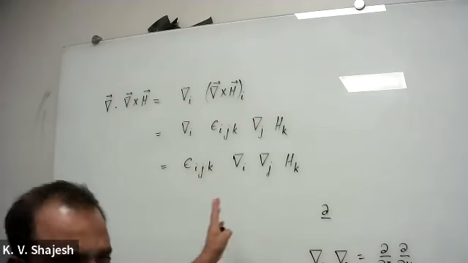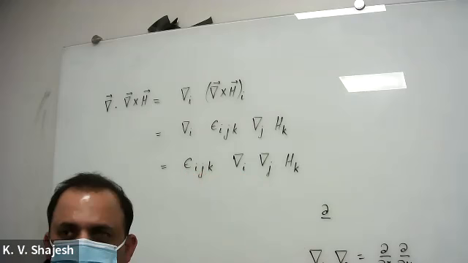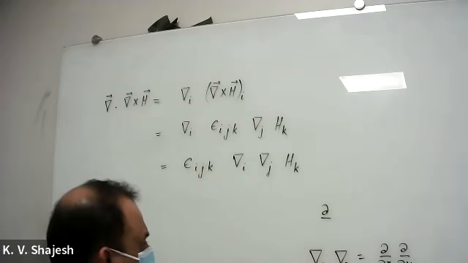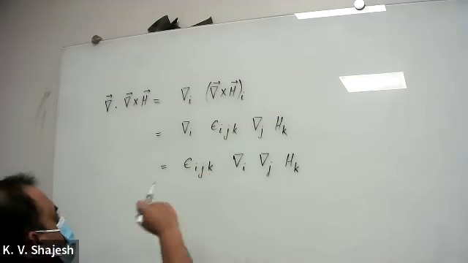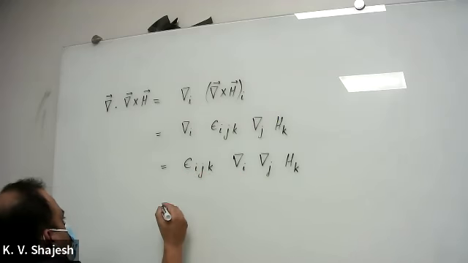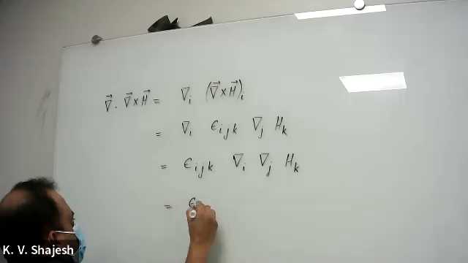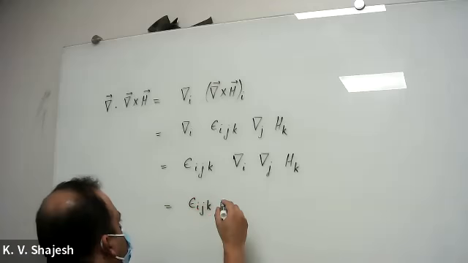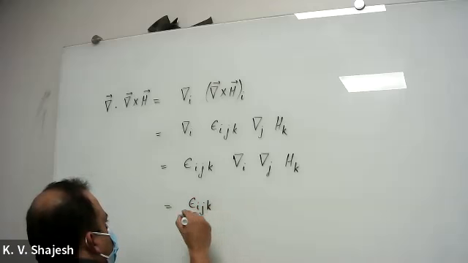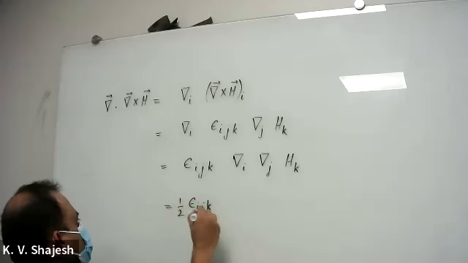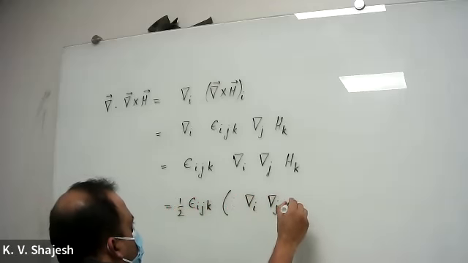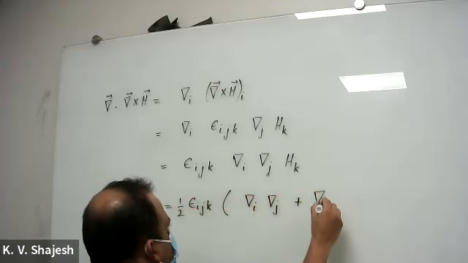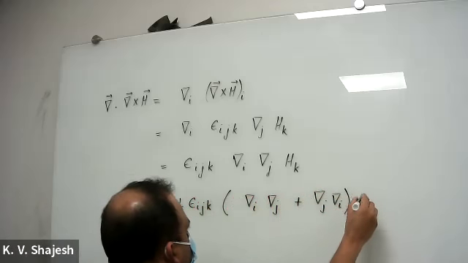But let's see this more explicitly. That was a very geometric way, or a logical manner, I was trying. But let's use this argument to show that this is actually zero. So I want to use that feature. Let's say this is epsilon ijk, and this is equal to 1/2 of del i del j plus del j del i of h of k.